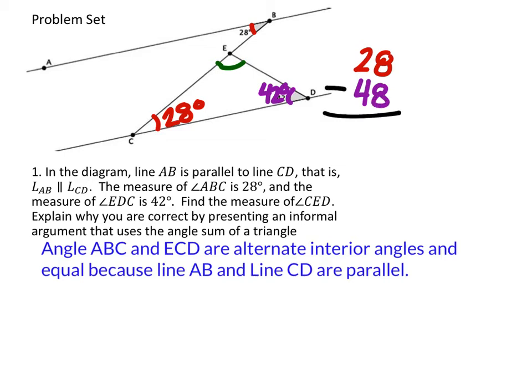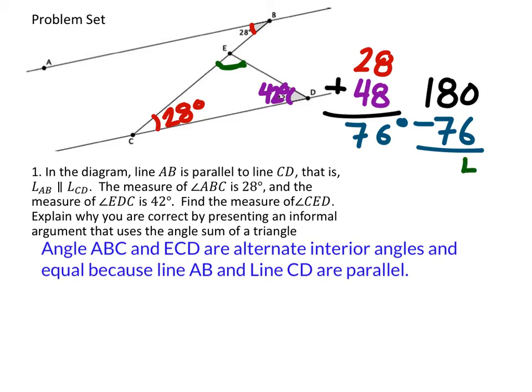And when we add these together, we get 70 degrees. But we're going to take that off of 180 minus those 70 degrees, which will give us the green angle, because we know all three have to add up to 180. So this gives us 110 degrees.